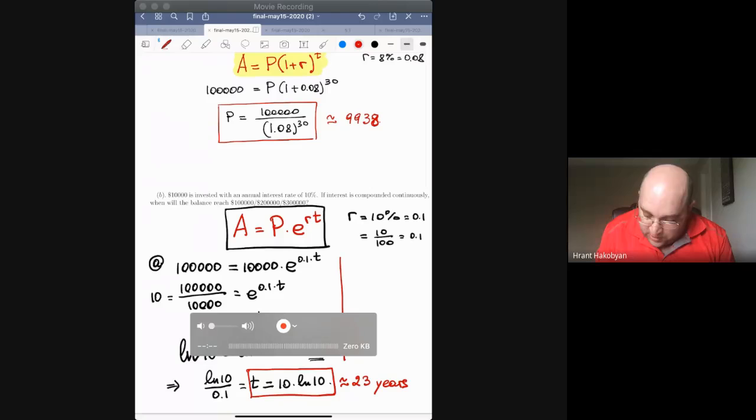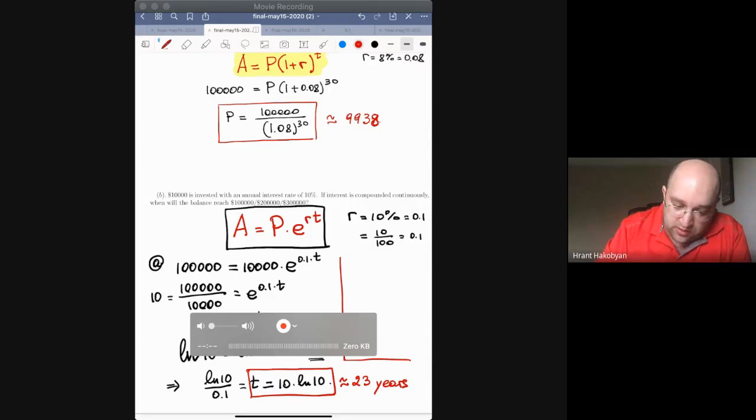Let me then do the other two examples as well. Now we have the formula. We just need to see where to put 200,000 and 300,000 instead of 100,000. The only thing I need to change is that instead of 100,000, I write 200,000 or 300,000. If I do 200,000, I divide both sides by 10,000, which makes a 20 or a 30 here.